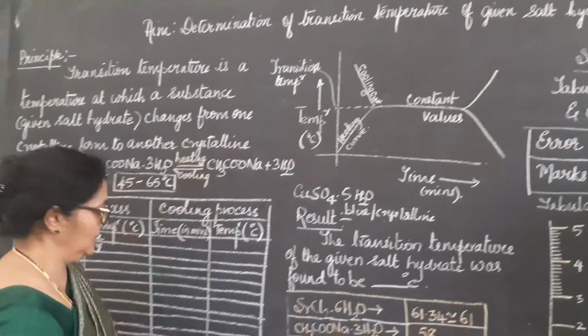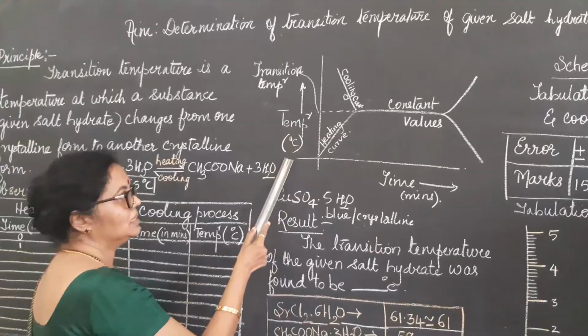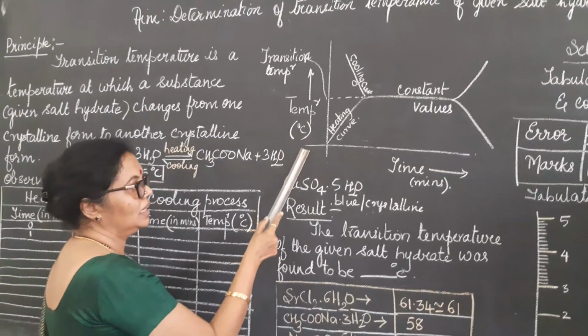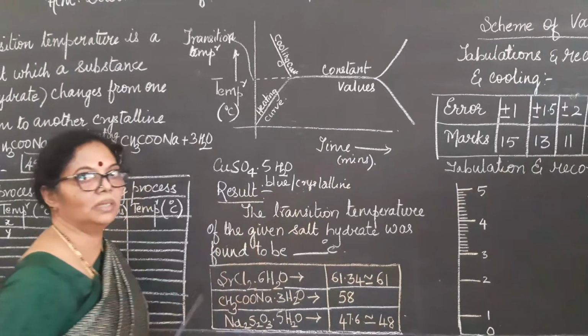Okay. So while plotting the graph, on the y-axis we take temperature in degree centigrade, and along the x-axis we take time in minutes.